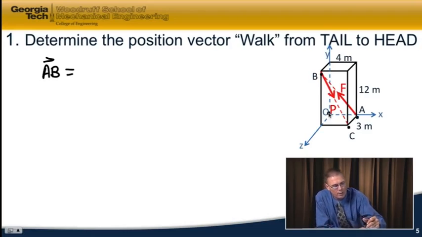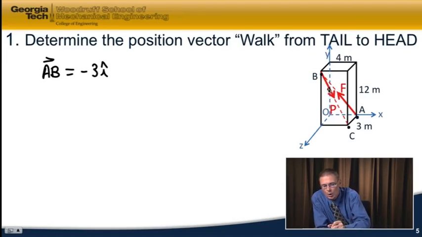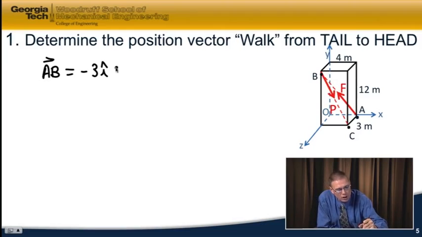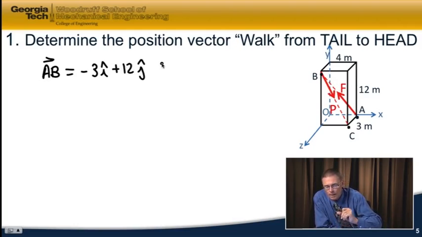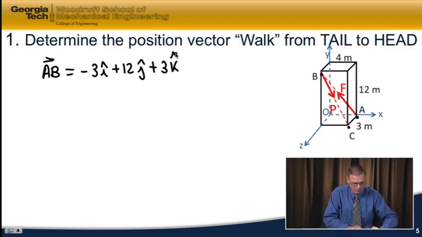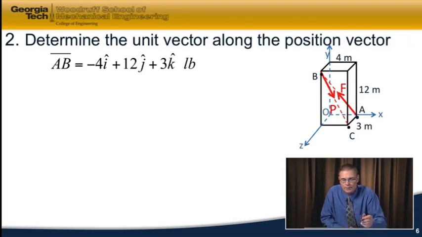Well, in this case, we go -3 units in the x direction. That's -3i. And then we go plus 12 units in the j direction, or the y direction. So that's plus 12j. And then we go 3 units in the k direction, or plus 3k.